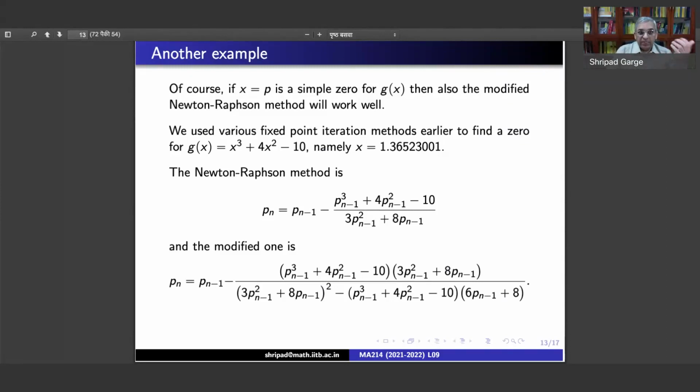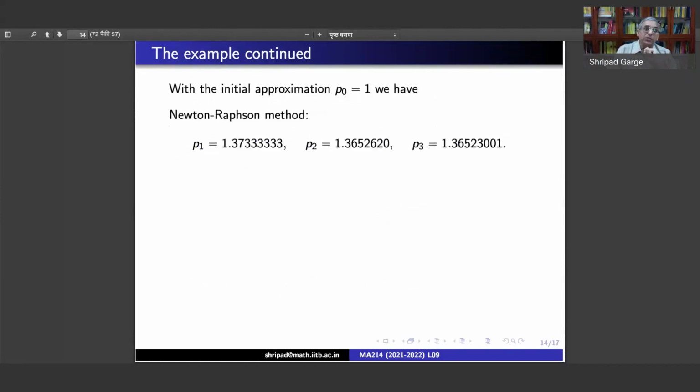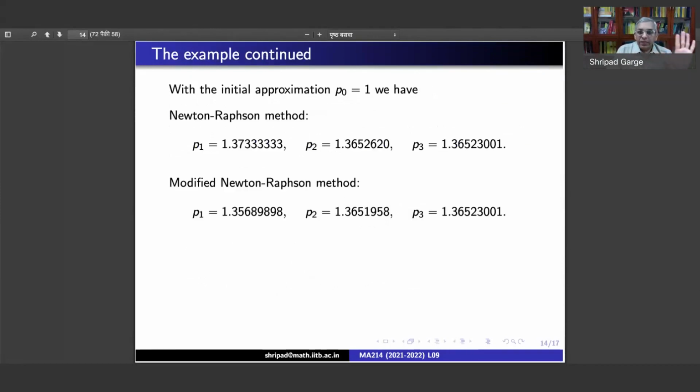If we now look at the initial approximation P0 equal to 1, then our Newton-Raphson method gave us these 3 values, whereas modified Newton-Raphson gives almost similar values. It may seem that P1 is closer to the intended root, but by the third iteration, the Newton-Raphson method has also caught up with the modified Newton-Raphson method.